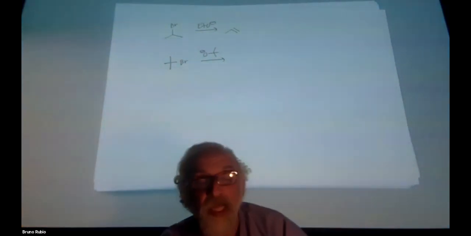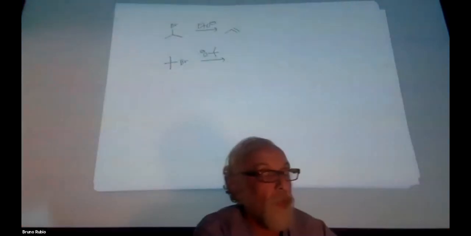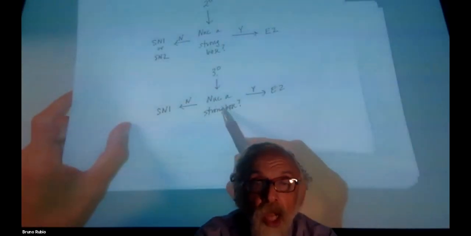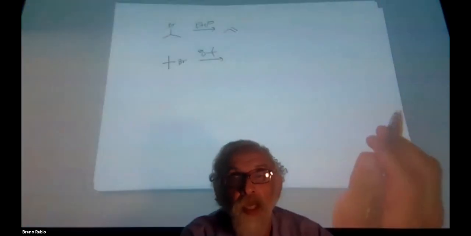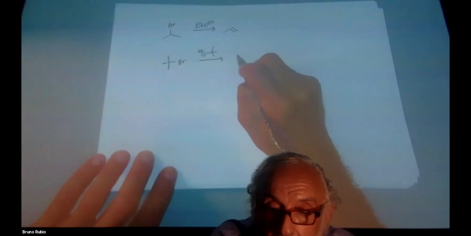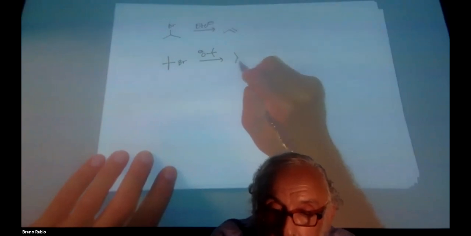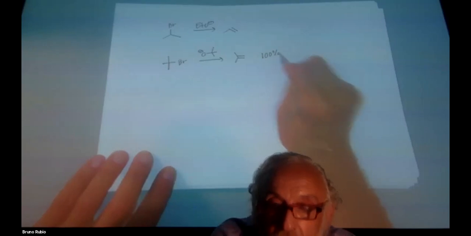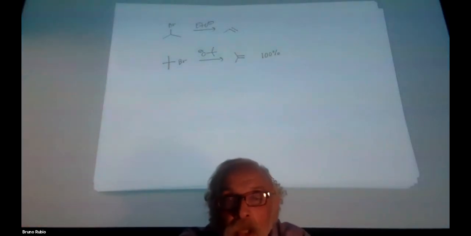Tertiary substrate. My cheat sheet. Tertiary substrate, strong base nucleophile, elimination. And I know we get 100% here because that tertiary butoxide cannot function as a nucleophile.